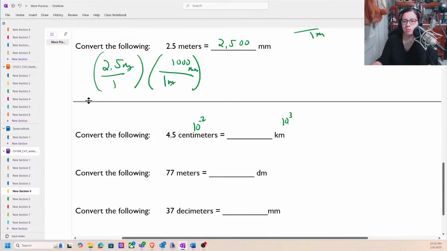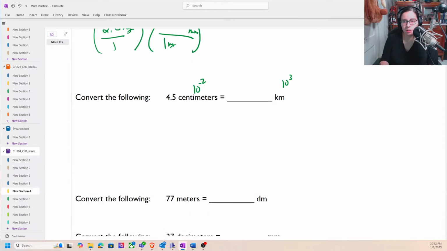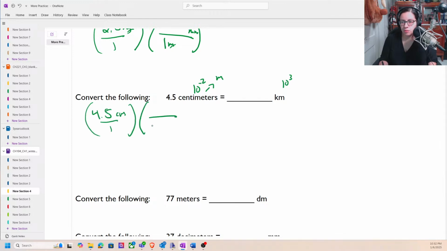And let's just start off with our 2-step conversion. So we'll do centimeters to meters first. So there are 100 centimeters in 1 meter. Now we'll go from meters to kilometers. So there are 1,000 meters in 1 kilometer.